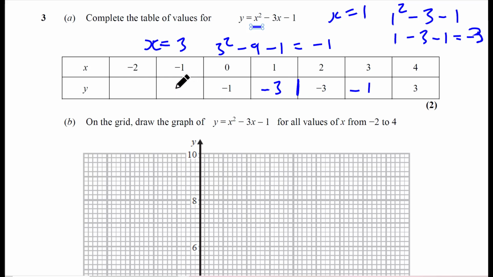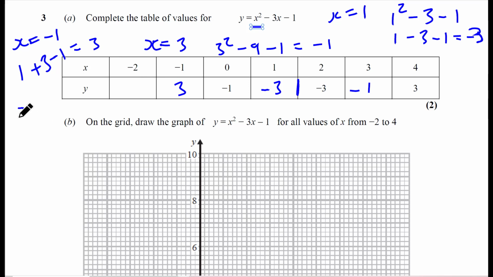And I can see that this is actually going to be 3 here, but do substitute just in case. So minus 1 squared, let's write this here, when x equals minus 1. Minus 1 squared is 1, minus 3 times minus 1, so that's a minus and a minus, so you're going to get plus 3 minus 1. So it does equal 3, and minus 2.